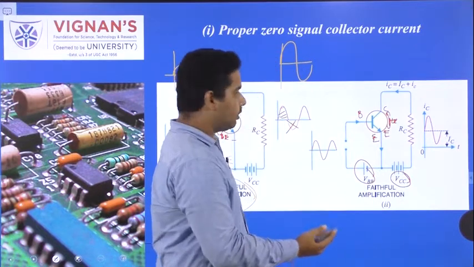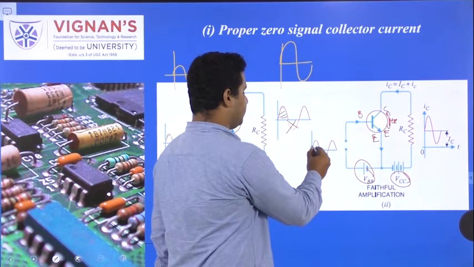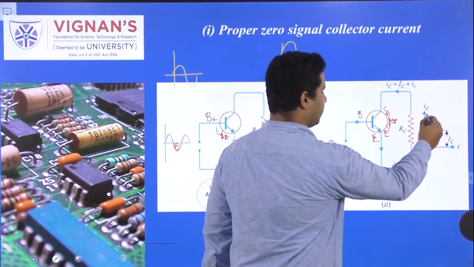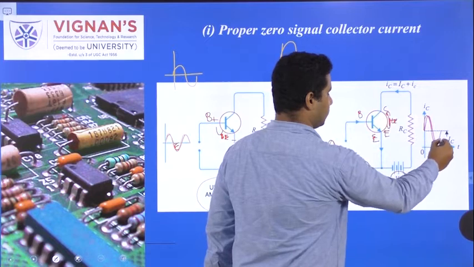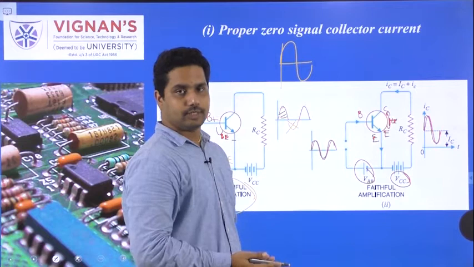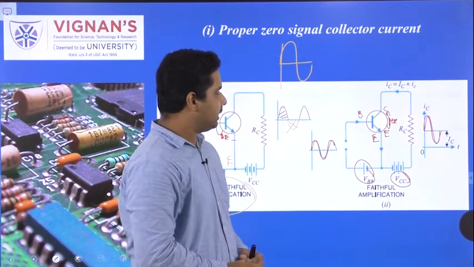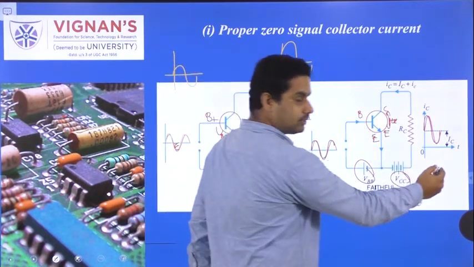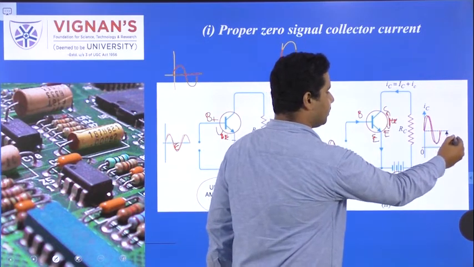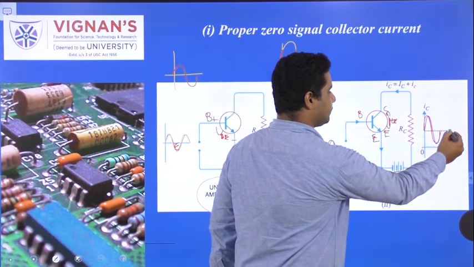Because of that reason, you can see that this is my input signal and the output is an amplified signal, without changing any shape. There is no shape change. Another important thing we can see is that this output is not with reference to zero. It is with reference to IC.